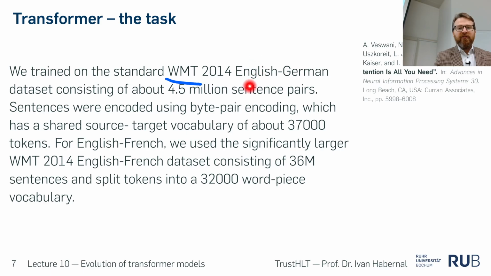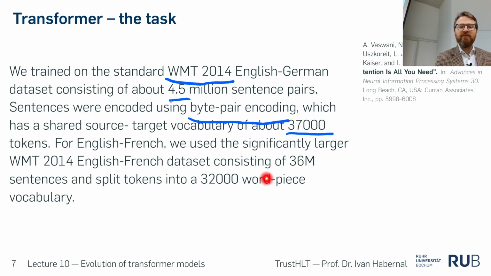They trained on one of the standard data sets, the WMT 2014 English-German data set consisting of 4.5 million sentence pairs. That's not a lot. Actually, it's a very small data set for this very huge architecture with very many parameters. And they used byte pair encoding with a shared source-target vocabulary of 40K tokens.